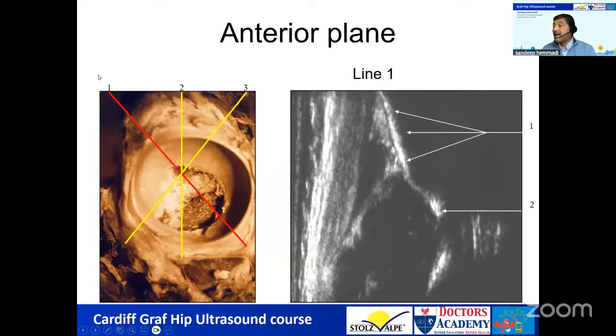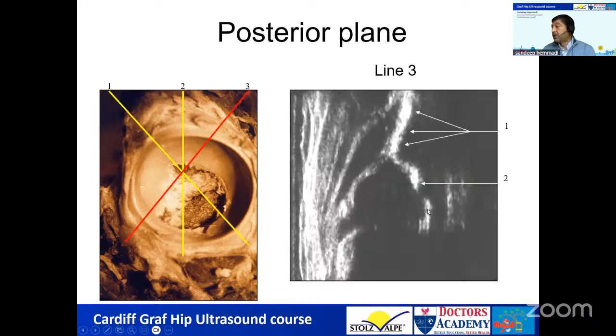If we cut along line 1, this is called the anterior plane, and you can see that the shadow of the ilium is pointing towards the ultrasound beam, where the ultrasound beam comes from. This is the skin. Then you have subcutaneous fat and intermuscular septums, muscle, and then the ilium. This is not the plane that we want, because remember, in all next 3 pictures, it's the same hip, the same acetabulum. You can see how in an anterior cut, the acetabulum looks quite shallow here.